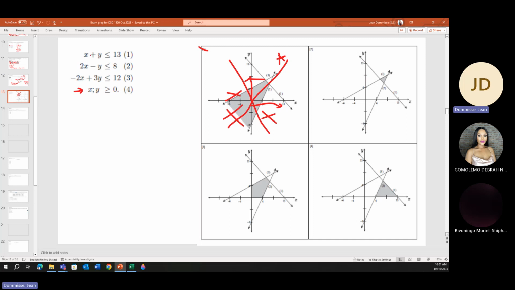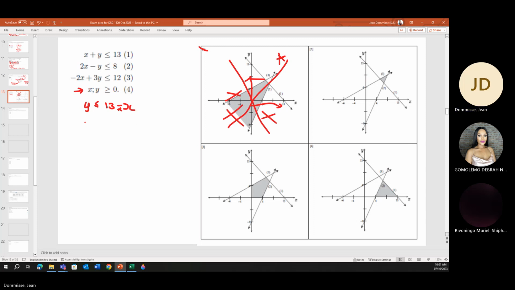Okay, so then let's look at the other options. So I would take that first one. So I would say, okay, let's look at y smaller or equal to 13 minus x. Okay, so we know there's a negative in front of it. So that is normally one of these negative lines, but let's work it out.